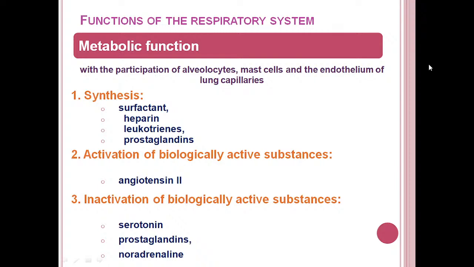The third function is metabolic function. What does it mean? It means the participation of alveolocytes, mast cells, and the endothelium of the lung capillaries in synthesis of surfactant, which we need for normal lung pressure, heparin, leukotrienes, and prostaglandins.